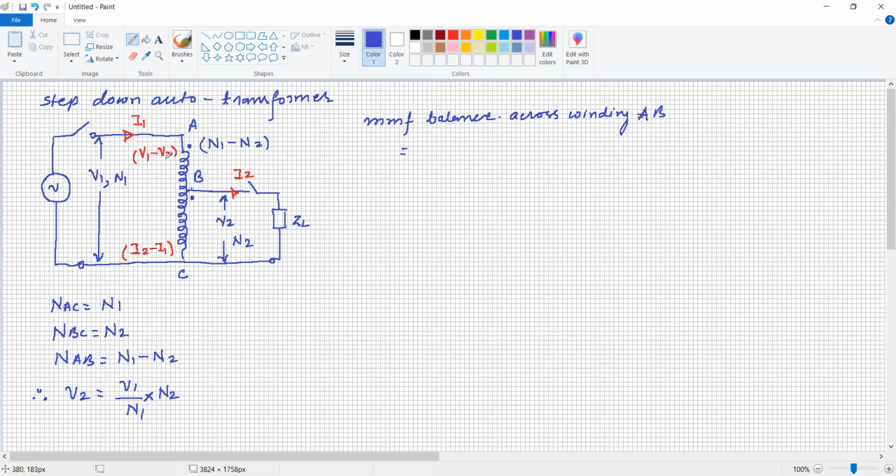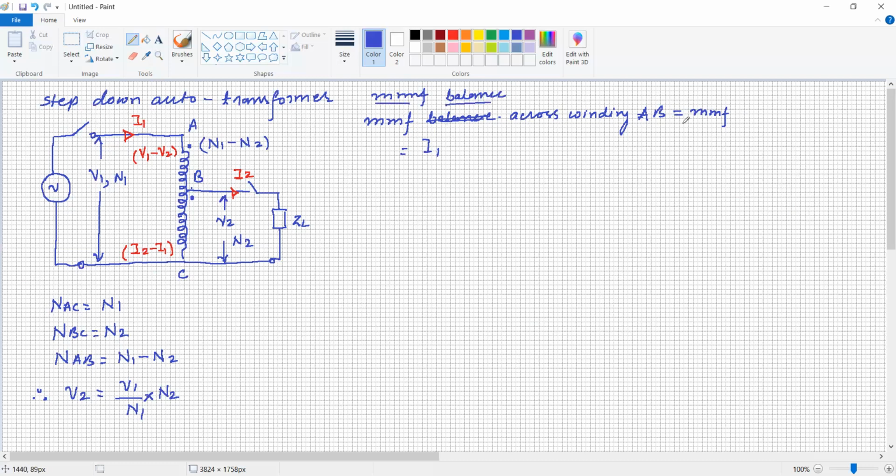The MMF across AB is equal to current I1. So we will write MMF balance. We are going to examine the MMF balance.